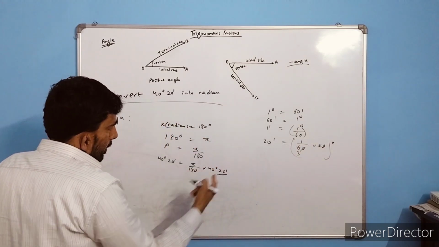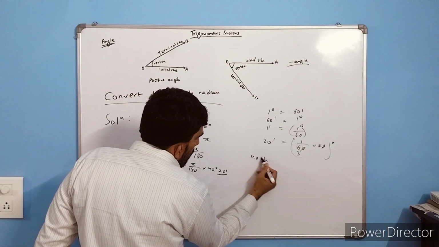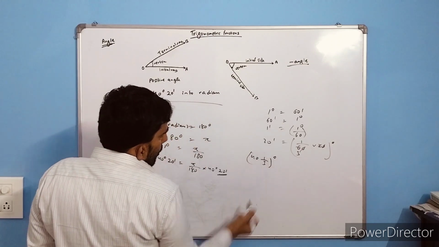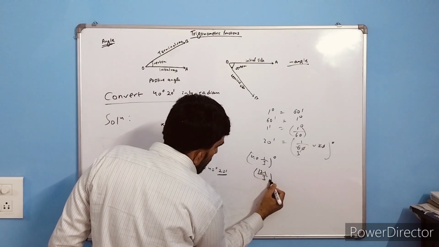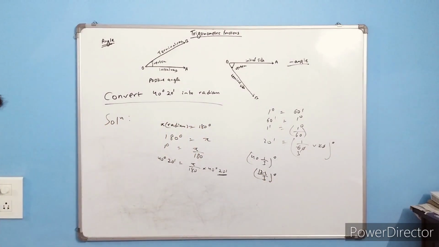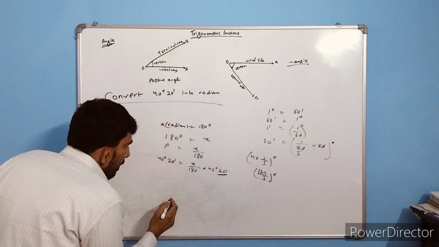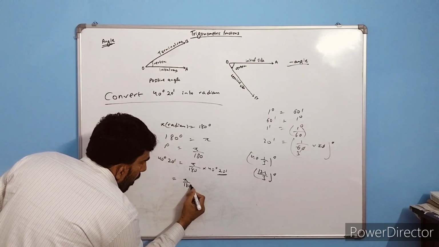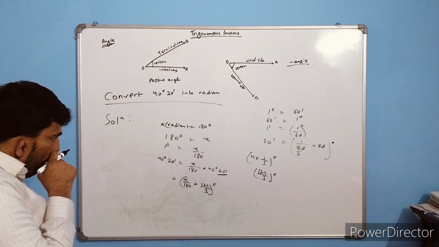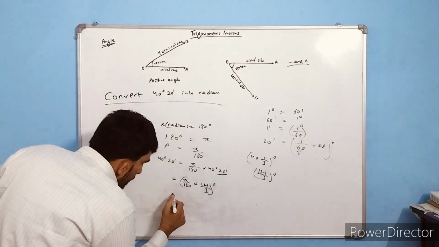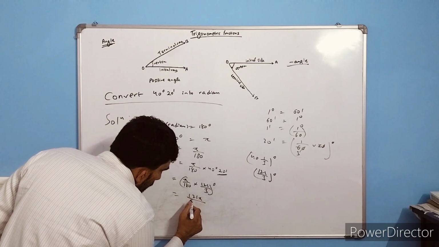So now I can write 40 and 1 by 3, that is 121 upon 3. This is not total, because it is in mixed fraction, so we'll convert it. Now I can insert this value here: pi upon 180 into 121 upon 3. So this is 121 pi upon 180 into 3, that is 540.